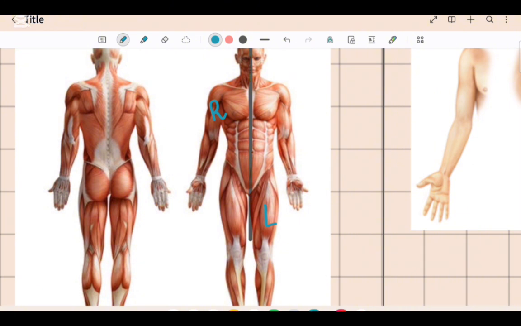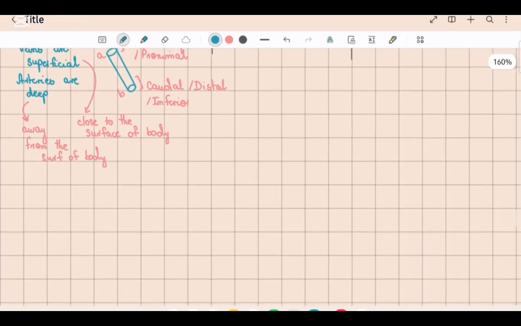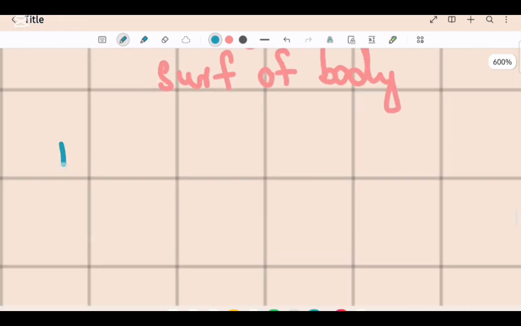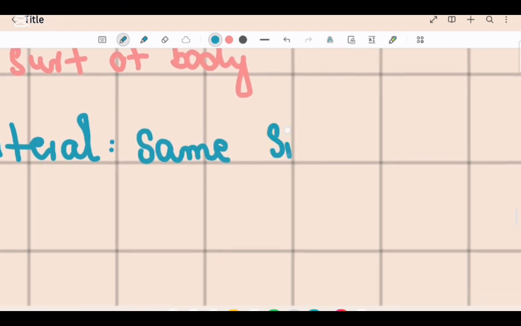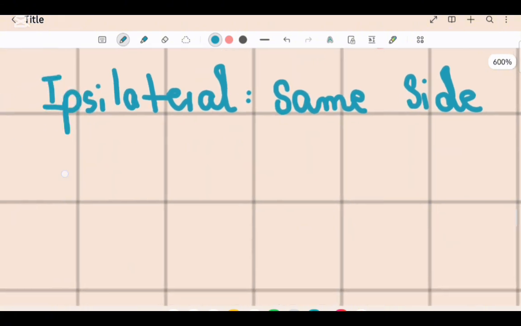So the parts of the body found on opposite sides are called contralateral parts, and the parts of the body found on the same side are called ipsilateral parts. Ipsilateral is on the same side, contralateral is on the opposite side.